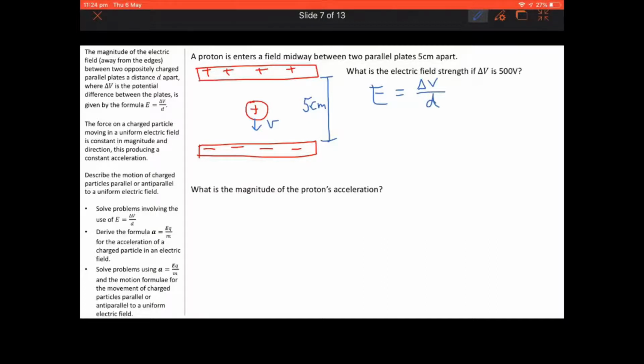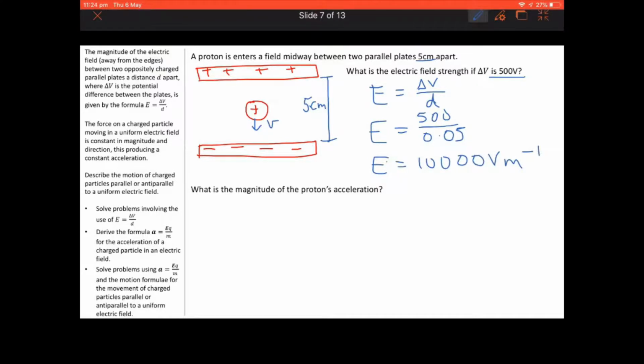So the electric field strength is going to be 500 volts divided by 5 centimetres, which is 0.05 metres, and that is going to be 10,000 volts per metre.